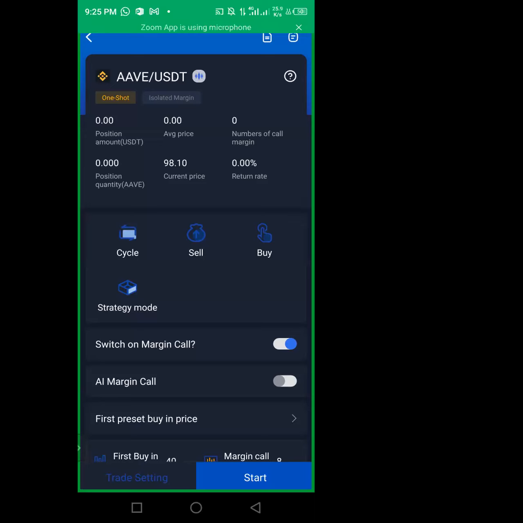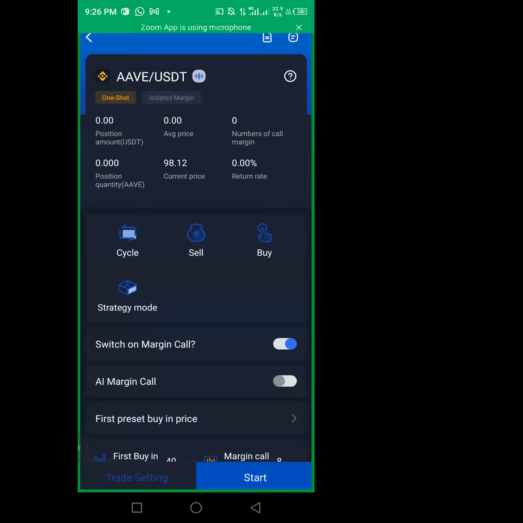Now the return rate happens in two ways, either floating loss or floating profit. When the current price is higher than the average price, your return rate will be positive. That's floating profit. It's floating because the robot has not sold the trade yet.